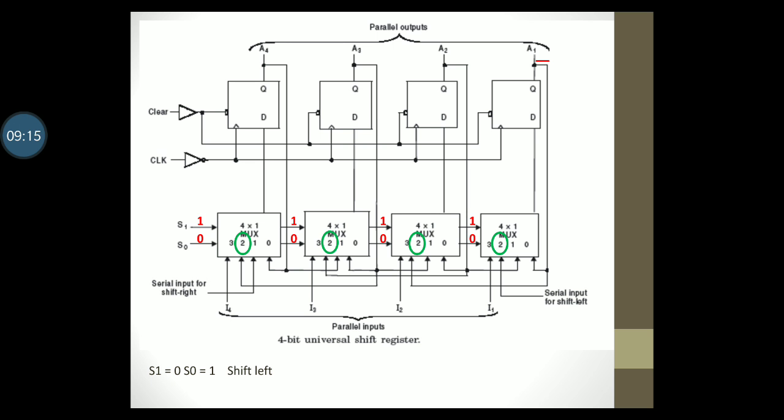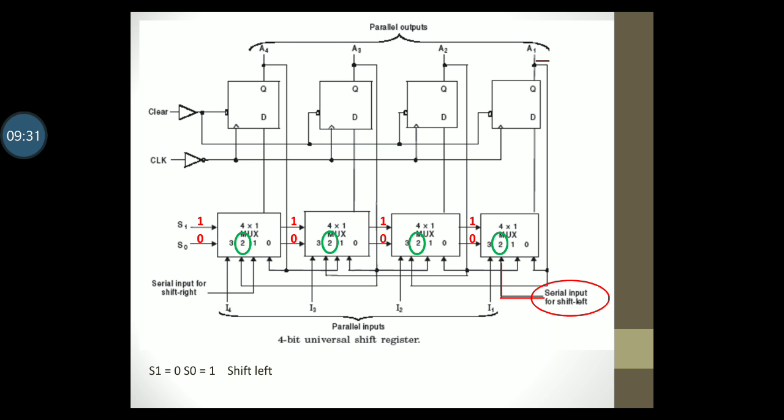So, let us take a look and see how this shift occurs. For data to be shifted left, data has to be given at this point. So, the movement of data is like this.